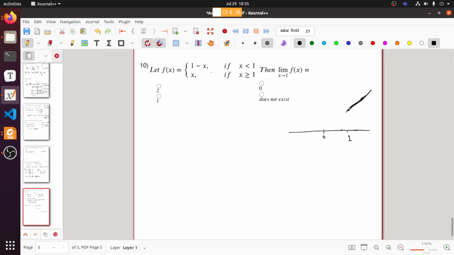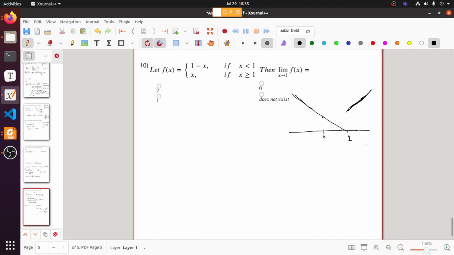And for x less than 1, at x equals 0 it's 1, and at x equals 1 it will give the value 0. So its slope is -1, and at the 0 point this is 1.